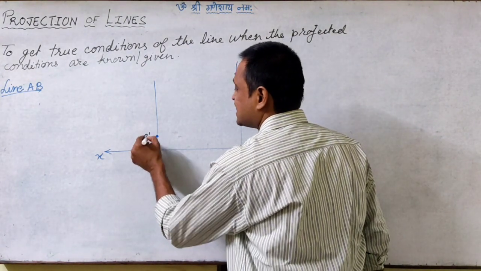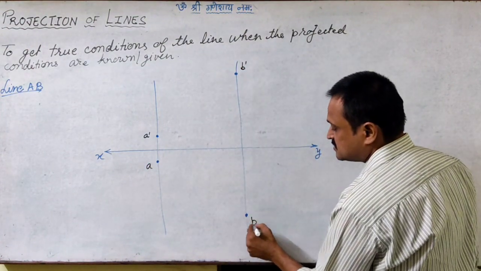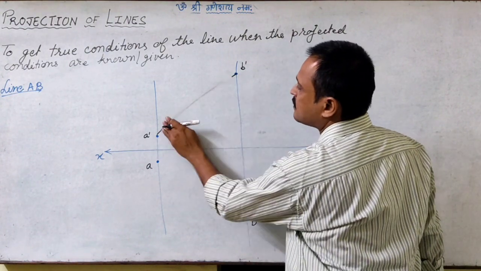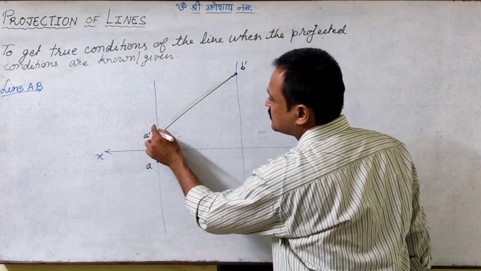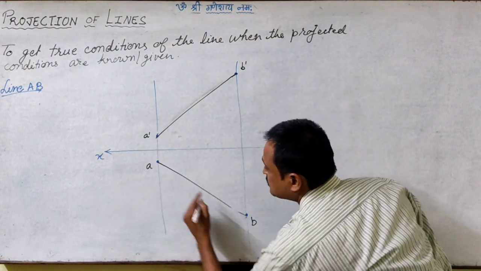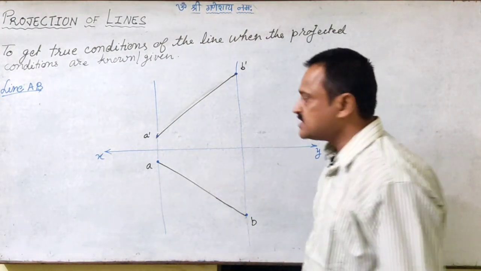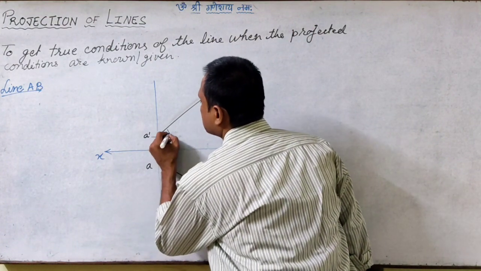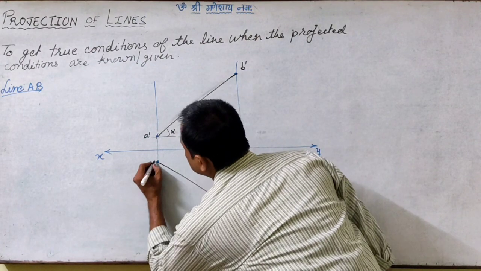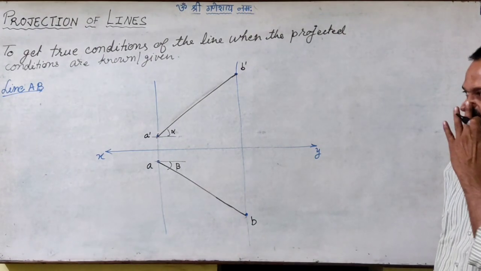This is A dash, this is A, this is B dash, this is B. So the front view is known to me and the top view is known to me. As it suggests, these are the projected conditions. This is alpha, the projected inclination of the line in the front view, and this is beta, the projected inclination in the top view.